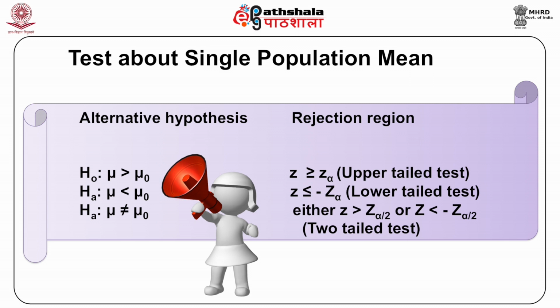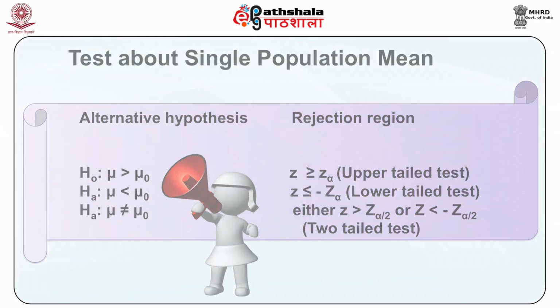HA: mu less than mu0, and the rejection region is minus Z alpha greater than Z, the lower tail test. HA: mu not equal to mu0, the rejection region is that either Z is greater than Z alpha by 2 or minus Z alpha by 2 is greater than Z, which is the two-tailed test.